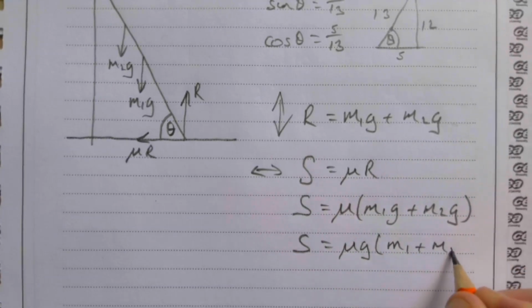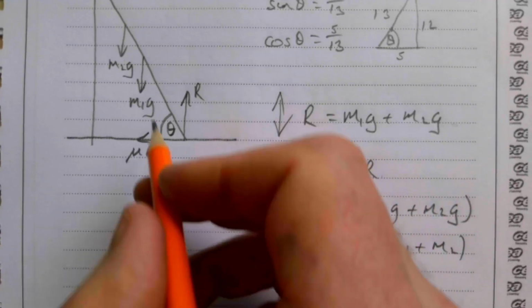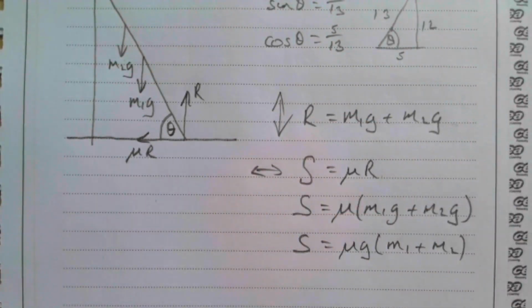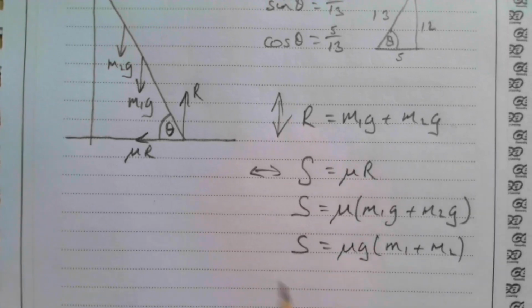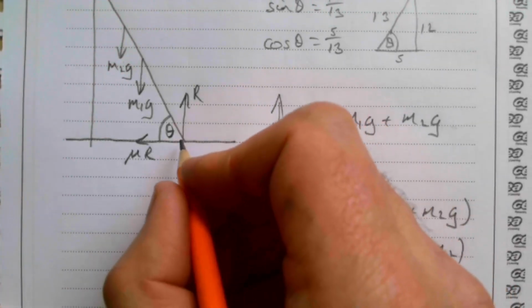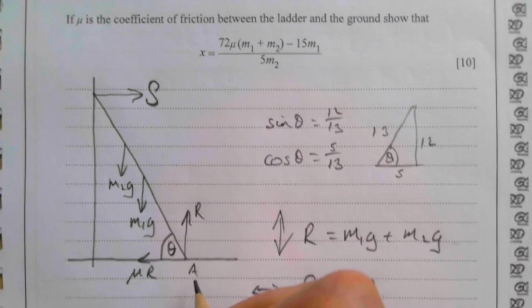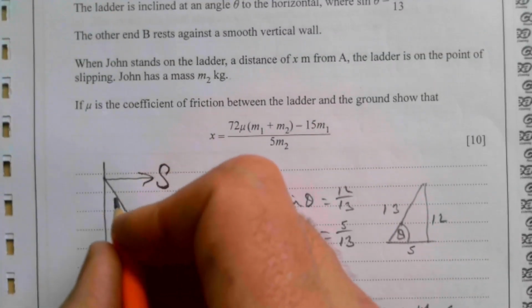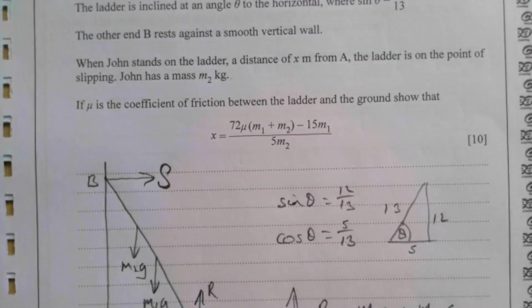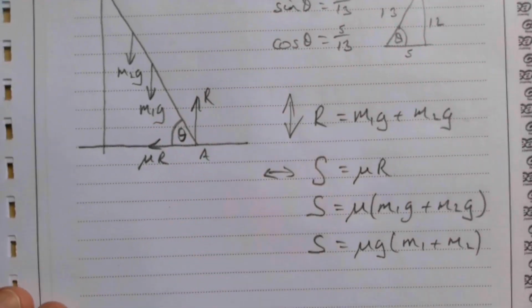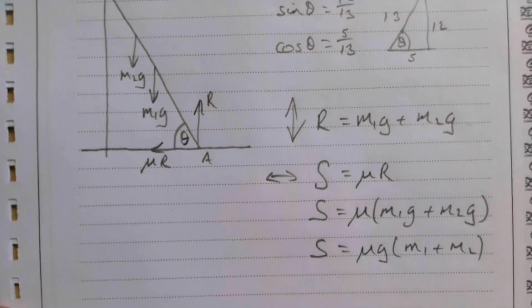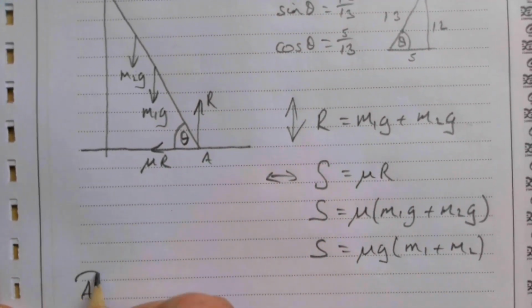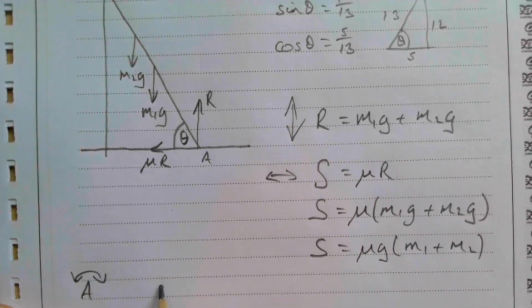So we're going to take moments then about the foot of the ladder, and this ends up being messy enough, but let's see how we get on. So if I want to call this A, and we'll call that B, I'm going to take my moments then about A. Moments about A clockwise equals anti-clockwise.